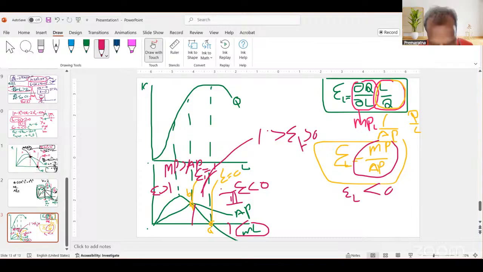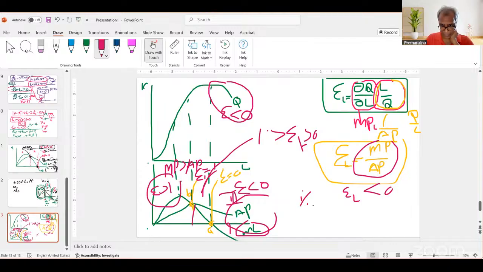Now go back to the decision stages. In the third stage, the elasticity is negative, which means that if you increase your labor by 1%, output decreases. In stage 1, the elasticity is greater than 1, which means a 1% increase in labor, or whatever the input, increases output by more than 1%, an increasing rate.